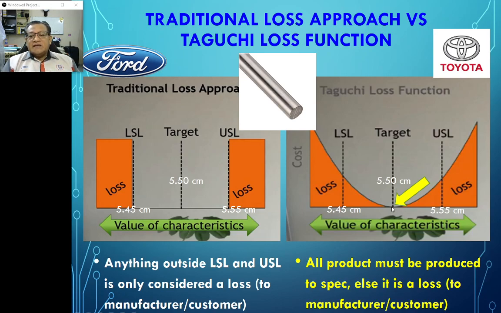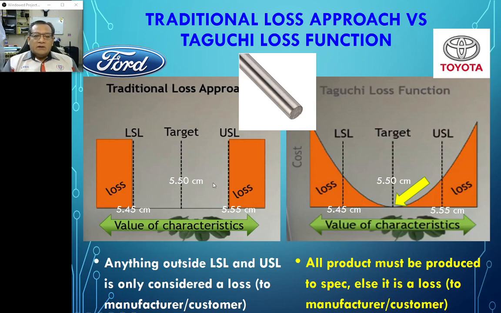If it is slightly smaller, for example 5.46, somewhere here, there is a looseness, and it is still considered a loss.